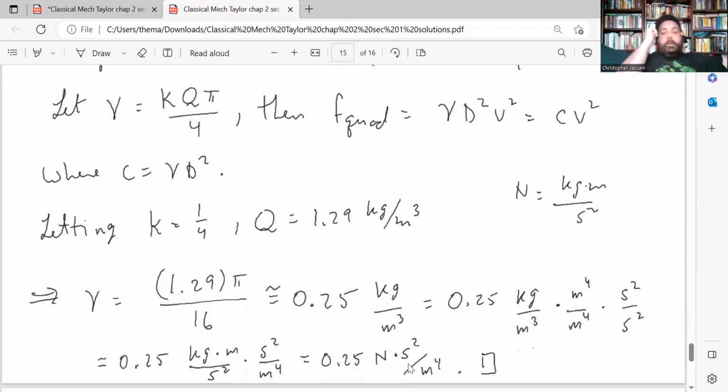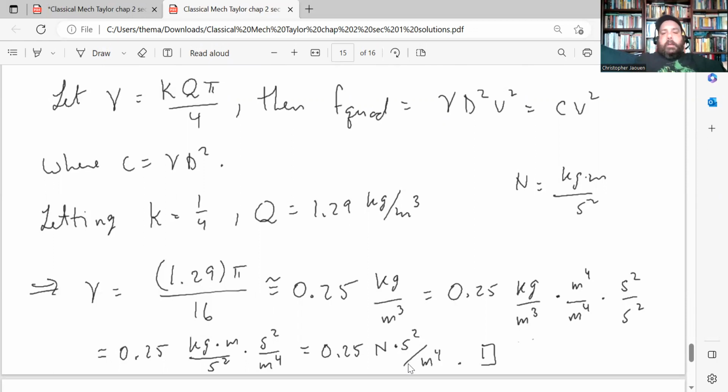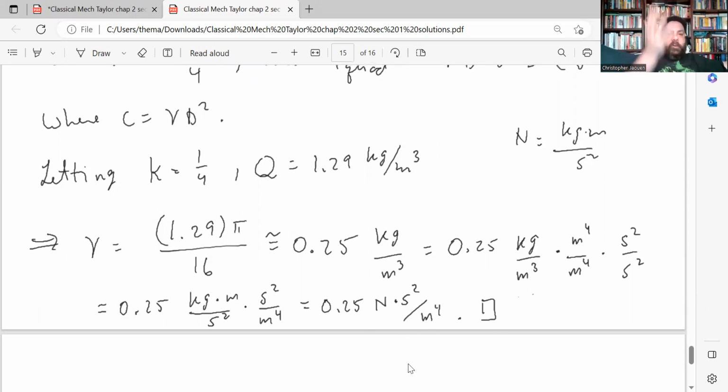So letting kappa equal 1/4 and Q equal 1.29 kilograms per meter cubed, and remembering that newtons have units of kilogram meters per second squared, gamma is 1.29 times pi over 16, which is approximately 0.25 kilograms per meter cubed.